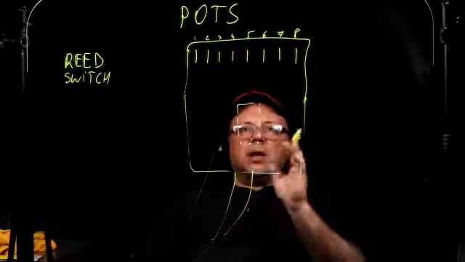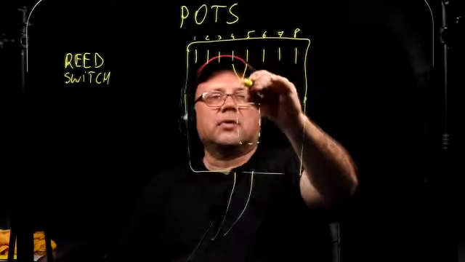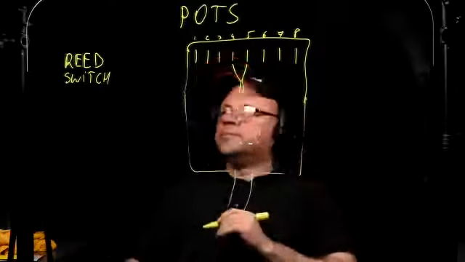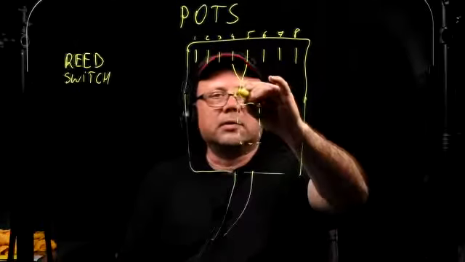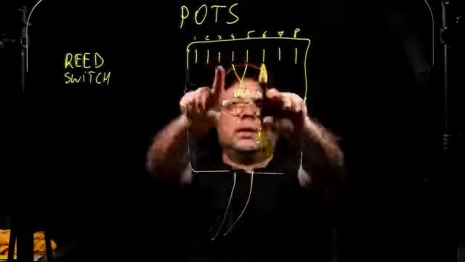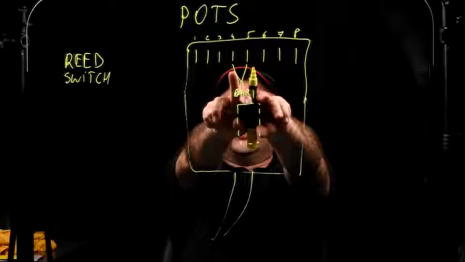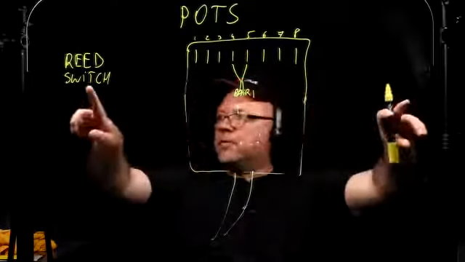Now, pair number 1 in POTS is here. 4 and 5. That's pair number 1. And then, as we go along, pair number 2 is going to be away from that, and away from that, and away from that.